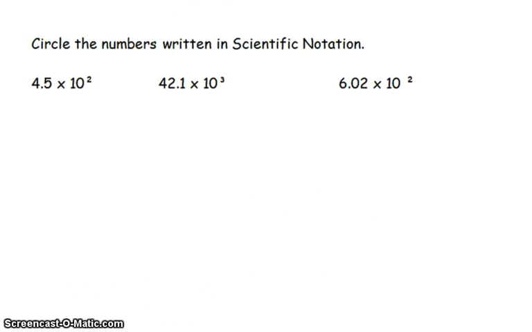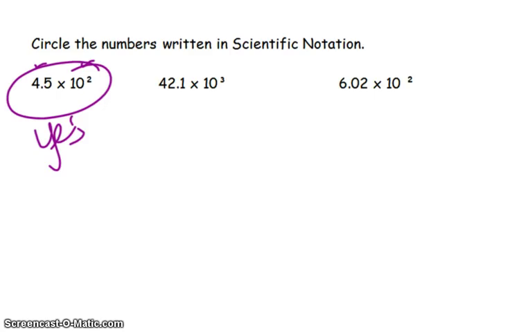So let's first look at some examples and decide which ones are and which ones aren't scientific notation. So the first one, 4.5, well, that's a number between 1 and 9.9. So that's okay. 10 squared, it's times a 10 to some power. So this is a yes.